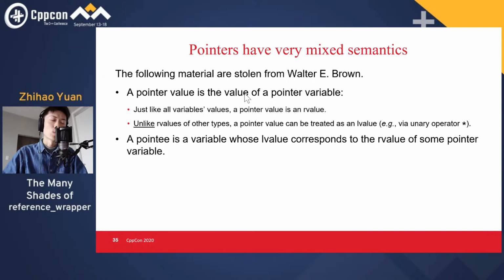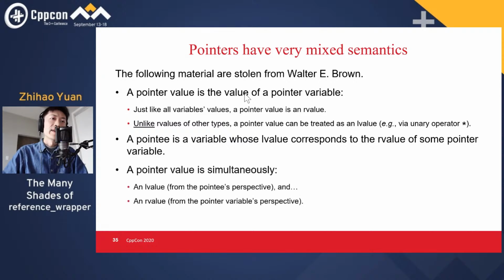A pointee is what you get if you dereference it. Given this background, a pointer value is simultaneously an L value from the pointee's perspective and an R value from the pointer variable's perspective. Which means the so-called two-star programming made use of these semantics, while reference wrapper makes them explicit.